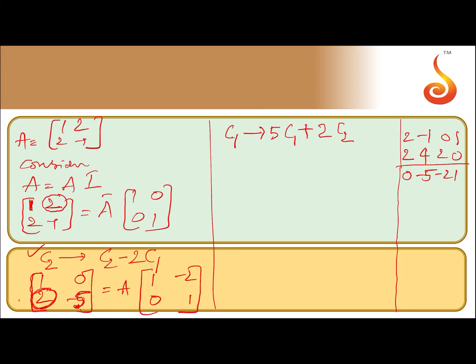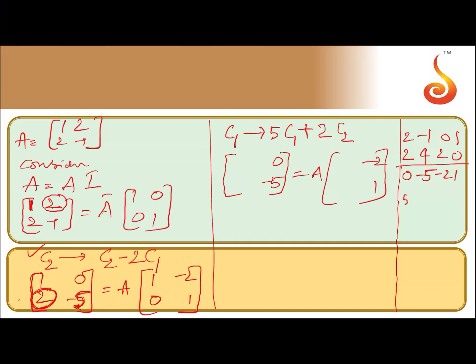That gives you the condition here, but you need to work it out carefully. So that is equal to A multiplied by the second column, which you are not changing: 0, minus 5, minus 2, and 1 as it is. First column, let me check that one.